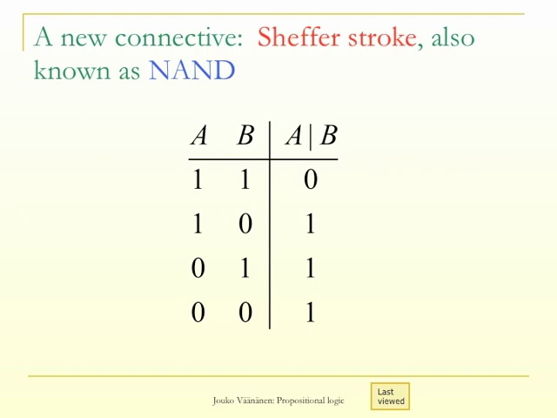When we learn about definability in a moment, we can see that the Sheffer stroke has remarkable properties. Its importance is not in that people might use it in everyday language as "not and", but rather in its power to define every other connective, as we shall now see.